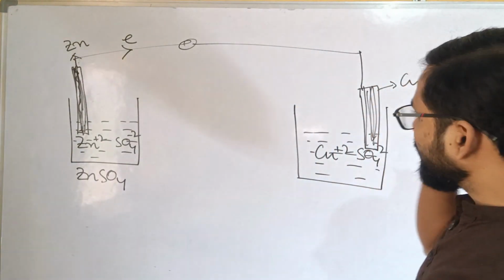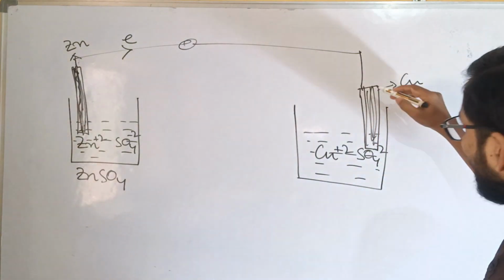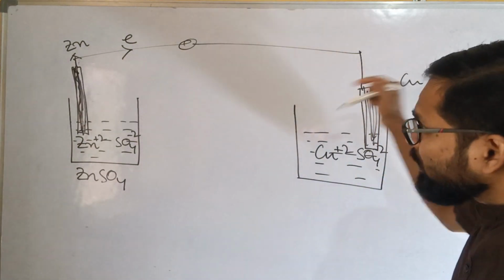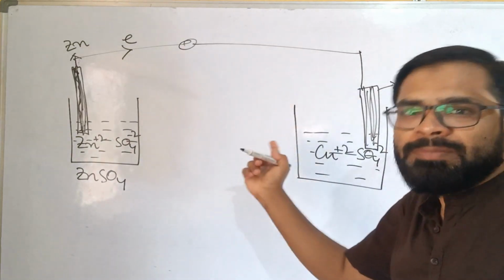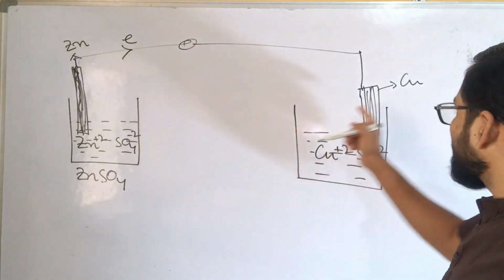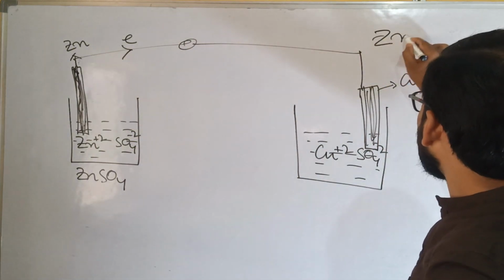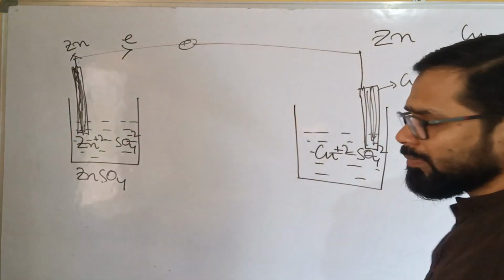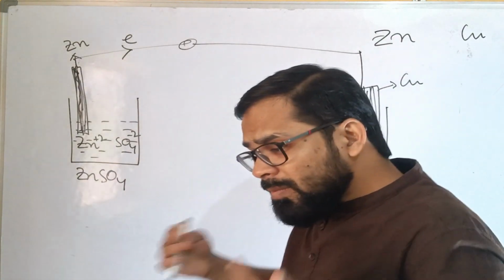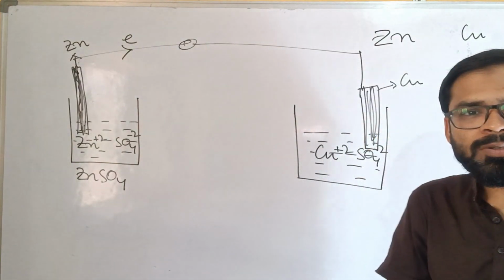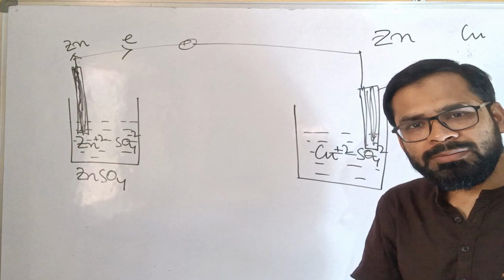Now we have to consider which one will be the cathode and which one will be the anode.